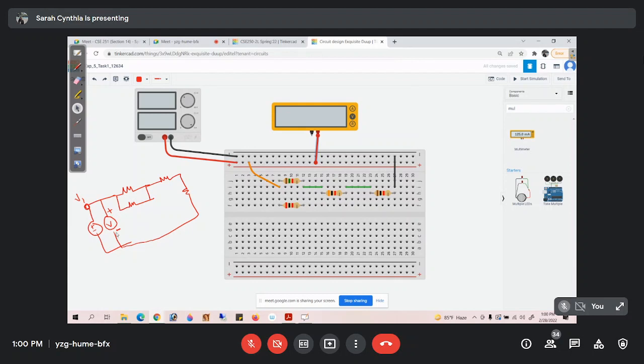Again, the negative terminal of the voltmeter is connected to the negative terminal of the battery, right? Yes. So we can directly connect the negative terminal to the negative terminal of the battery. And as I was showing a moment ago, you can also place the wire over here. That will give you the same results.